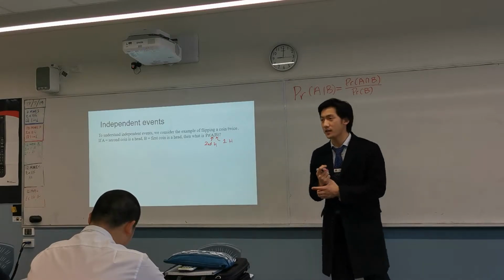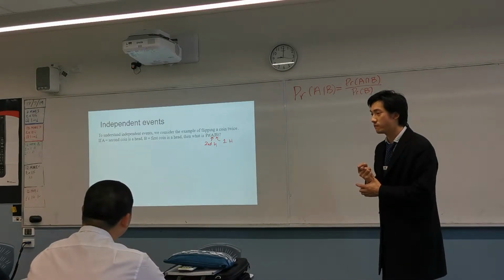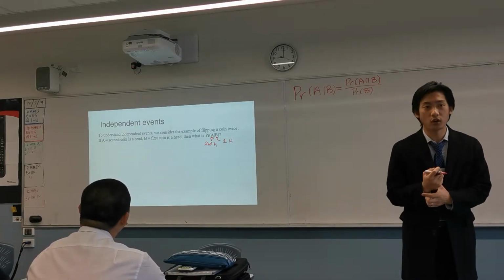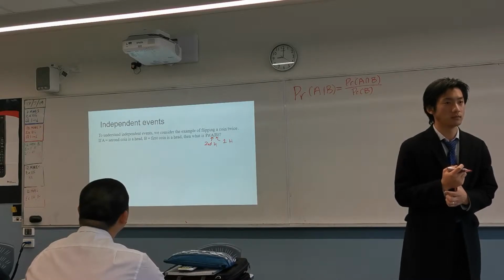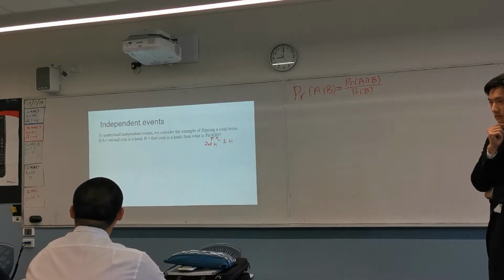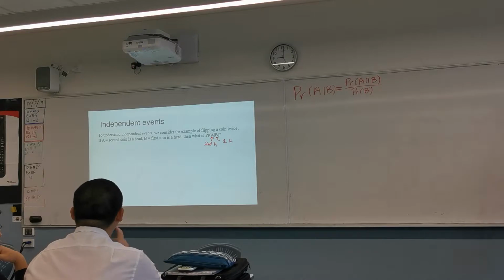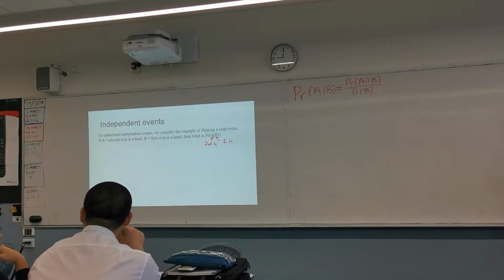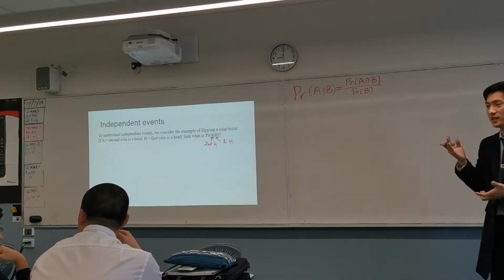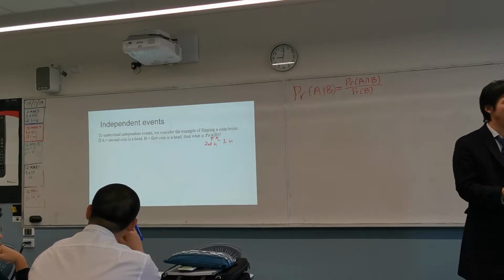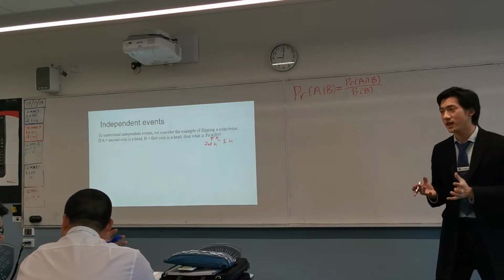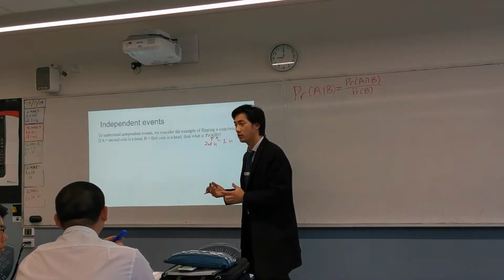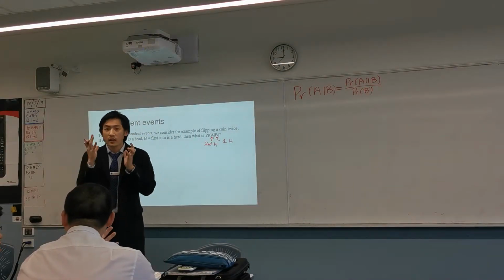What's the probability that the second coin toss is a head if the first coin toss was a head? What's the chance? Imagine it. You toss a coin first and you get heads. What's the chance that the second coin toss is also a head? 1 in 2, right? Think about it.